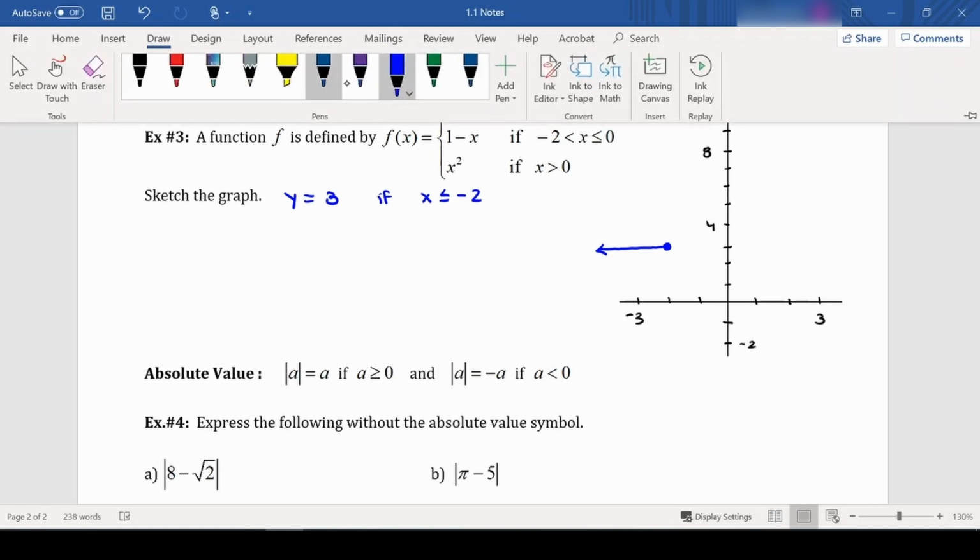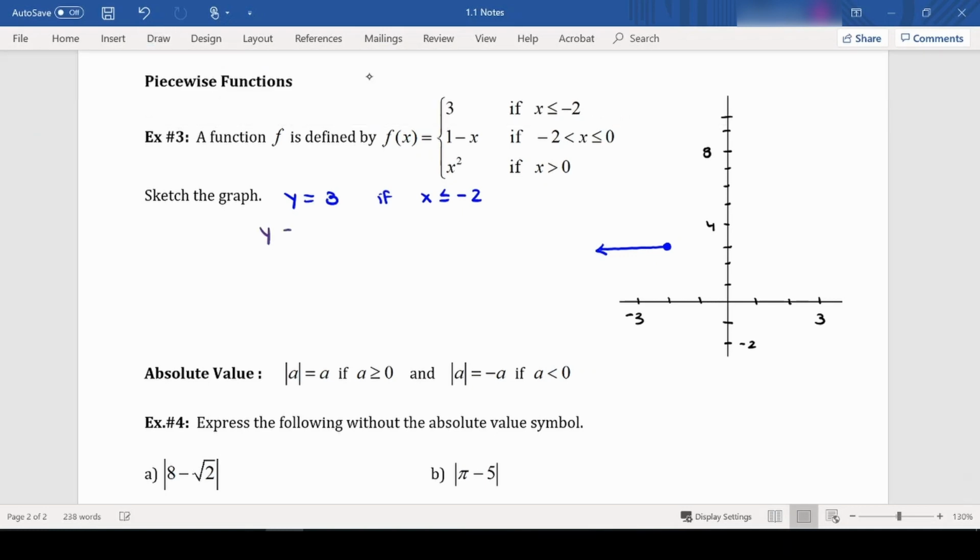The next piece, we would have y equals 1 minus x if we are between -2 and 0, including 0. I would choose to rewrite this as -x plus 1 because I just find it easier to graph that way. So this would have a y-intercept of 1.